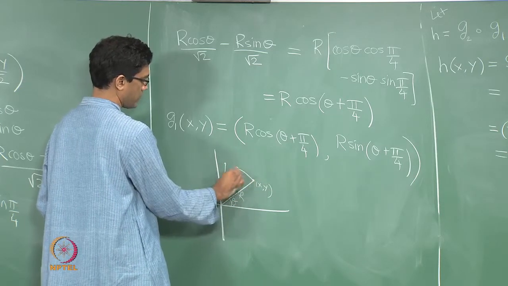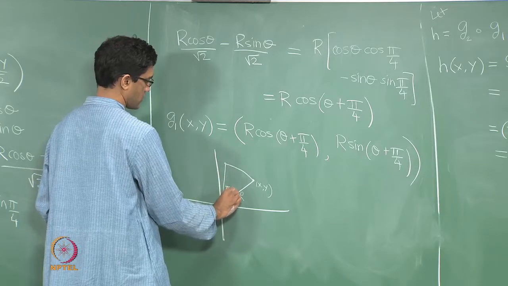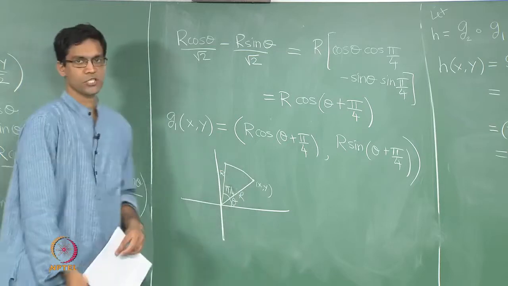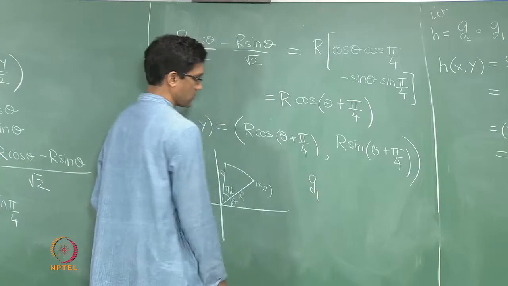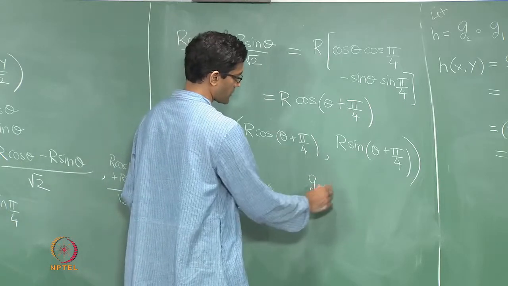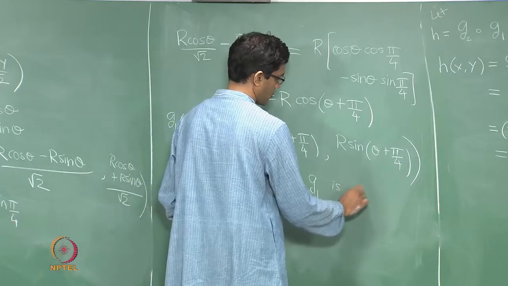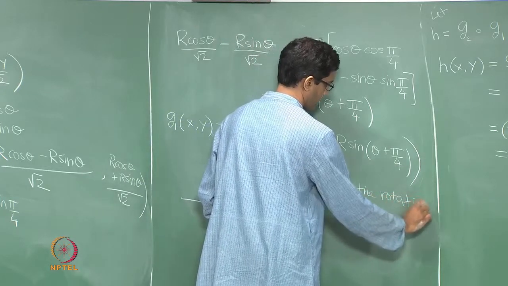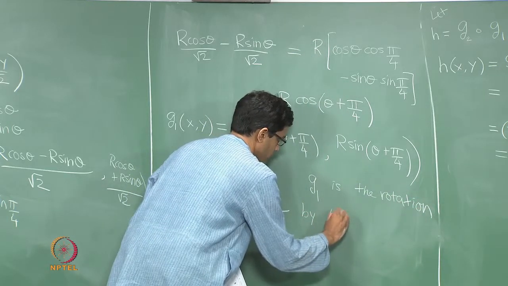It is just moved like this by an angle of 45 degrees. The length remains unchanged. In other words, this is just a rotation by 45 degrees. So, therefore, we have managed to answer the original question. G1 is just the rotation by 45 degrees anticlockwise.